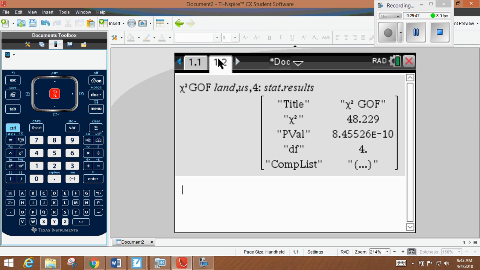That way, you're really much less likely to make mistakes. Especially if you have 7 different categories, there's just 7 different chances for you to make an error punching in the wrong number on your calculator. 48.229.